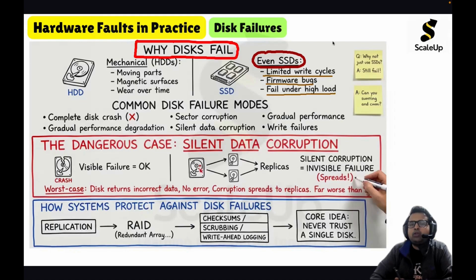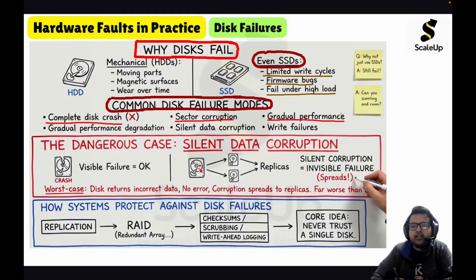If we talk about common disk failure modes, we can have complete disk crash, sector corruption, gradual performance degradation, silent data corruption, and write failures.